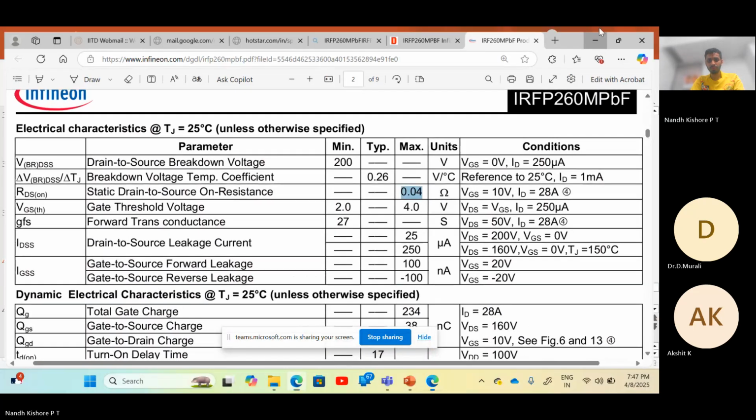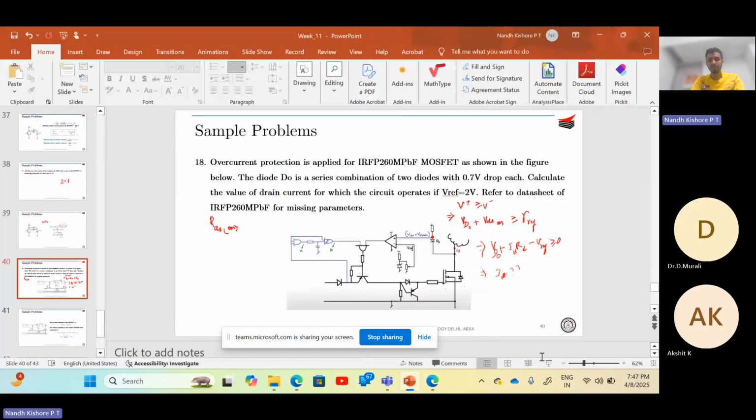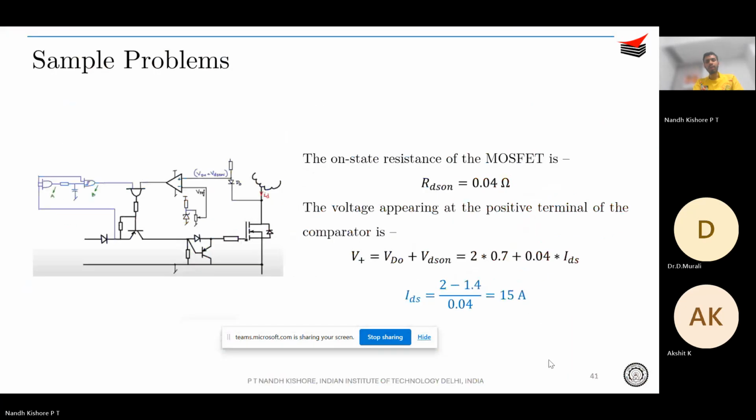So use that information. So RDS is 0.04 ohms. So then using that information, you can compute what is IDS on.